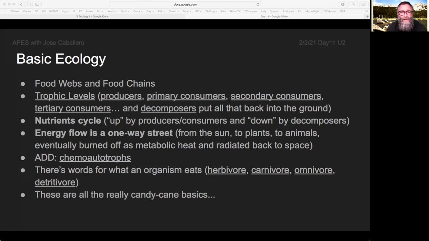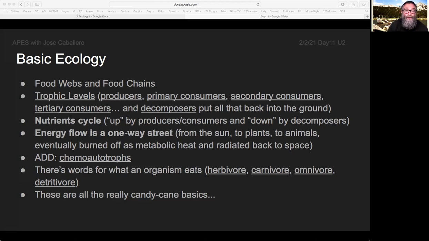I don't know that I actually use this term, but we talked about trophic levels, like where you are in the flow of energy, whether you're a producer, a primary consumer, secondary consumer, or you eat primary and secondary consumers.